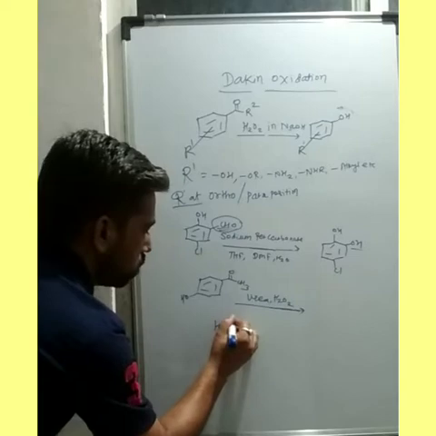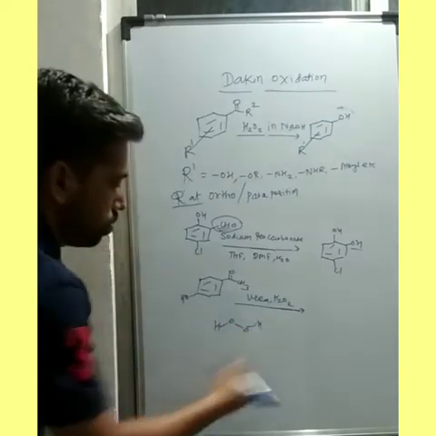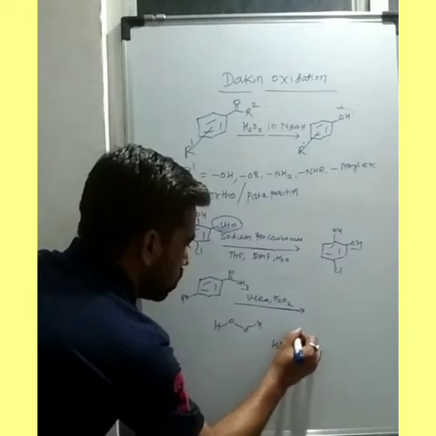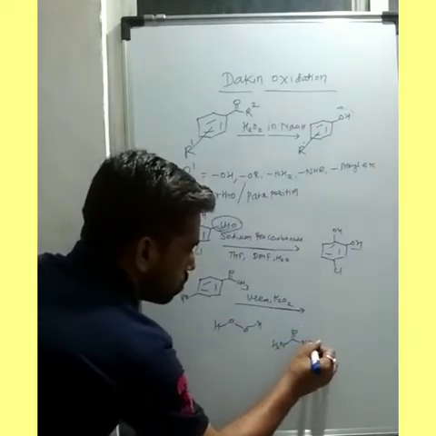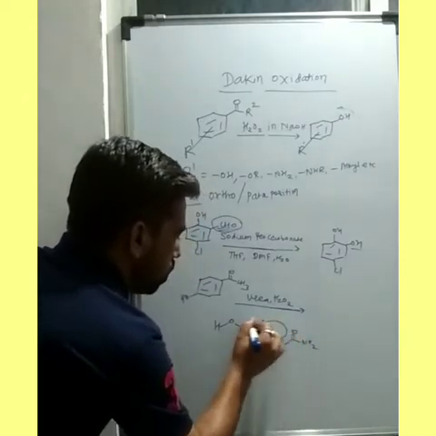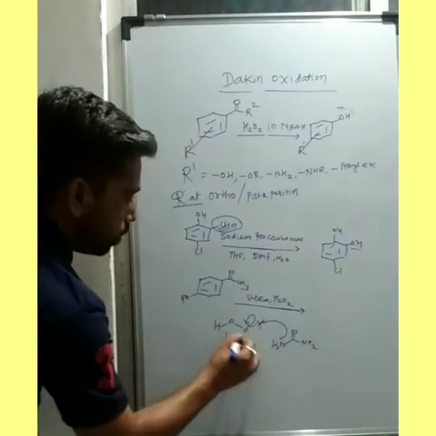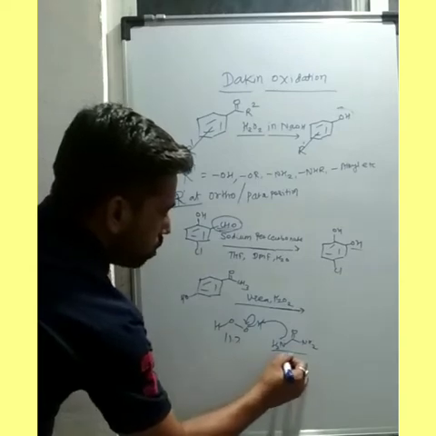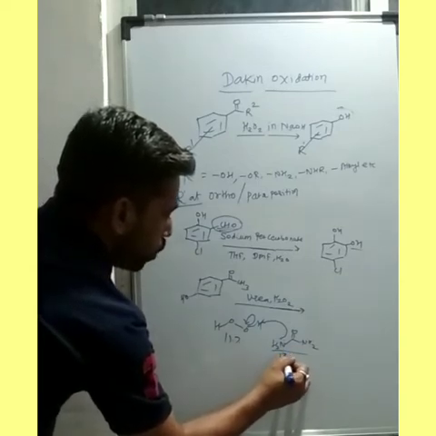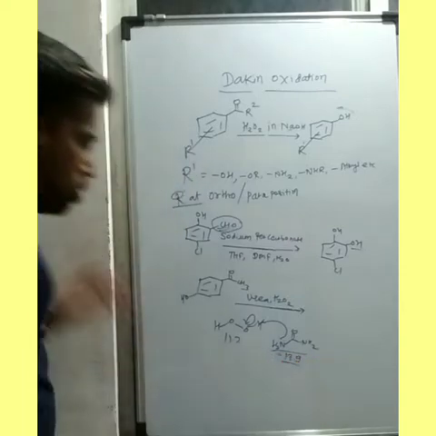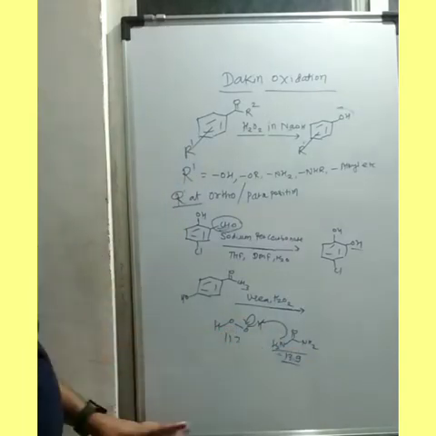Urea abstracts this proton, because hydrogen peroxide has a pK of 11.7 and 13.9 is the corresponding pK for urea.